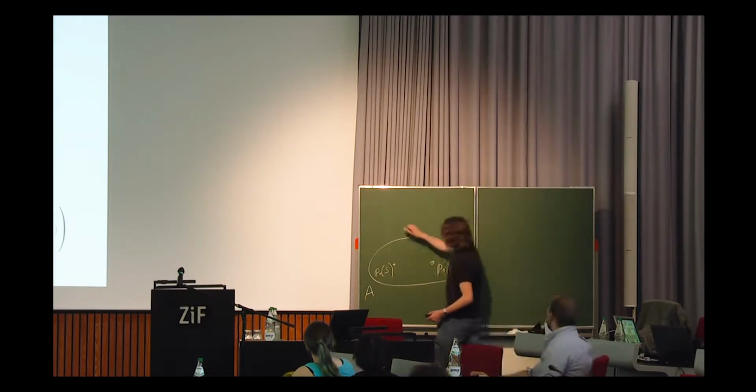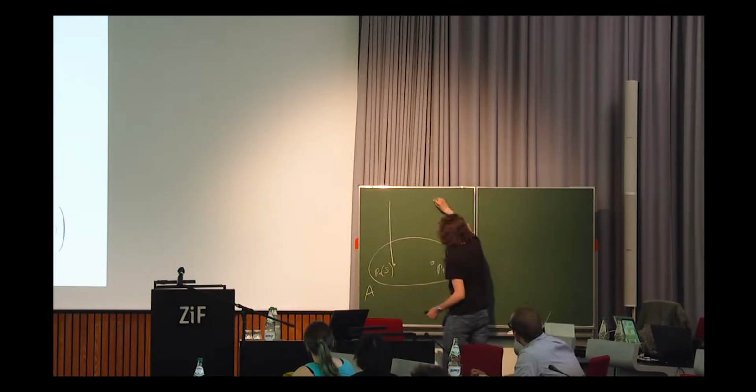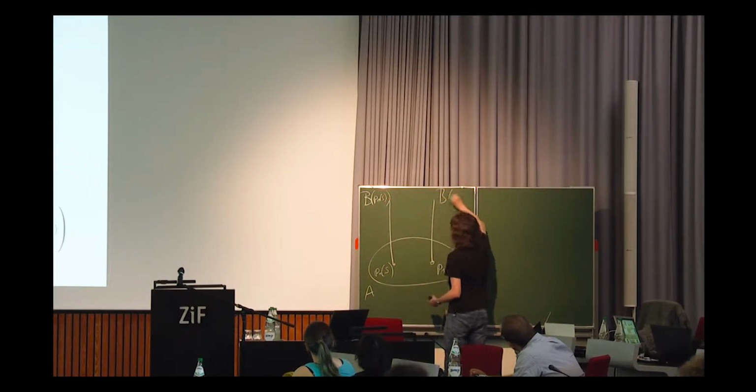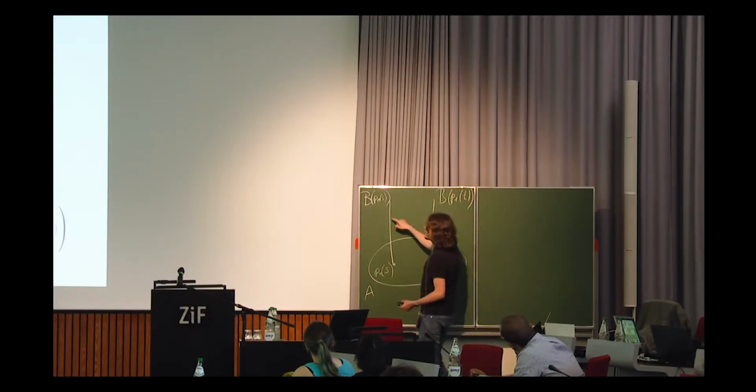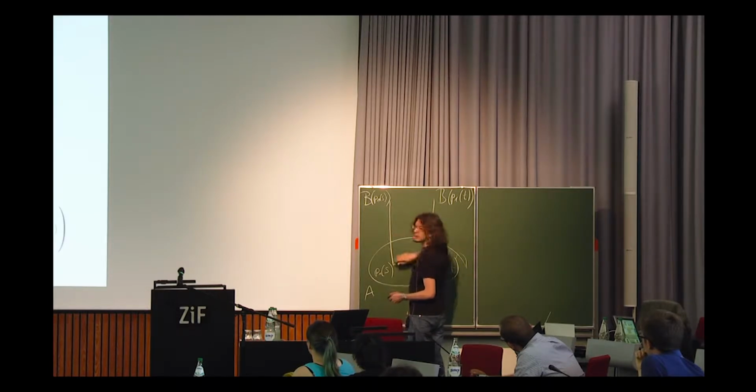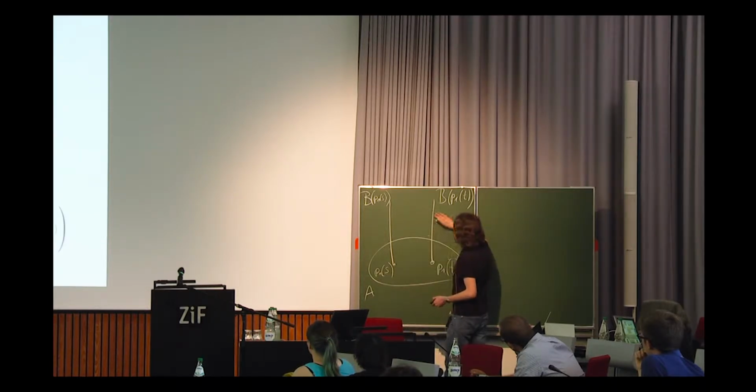This is P1 of T. So this is the type B of P1 of S. This is the type B of P1 of T. So this element here, I want to compare the second component of S to the second component of T, but the second component of S lies in this type, and the second component of T lies in this type.